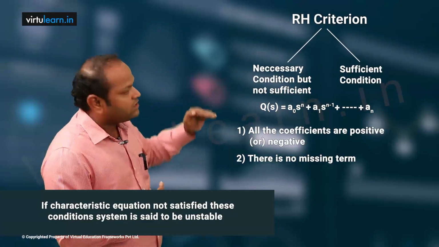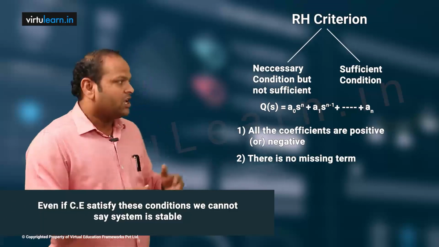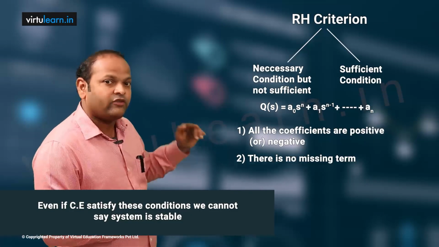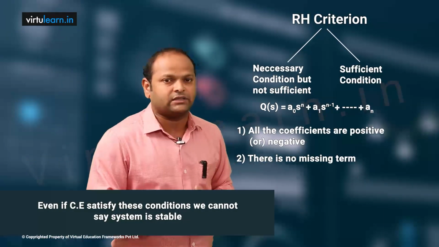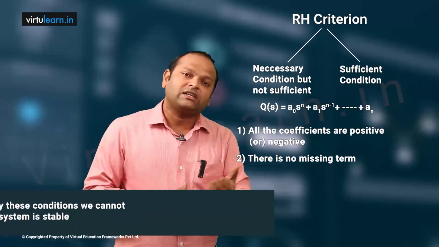Even if it satisfies these two conditions, we cannot say that the system is stable. Then we need to go for the sufficient conditions. So these two only tell us whether we can directly say the system is unstable or not.